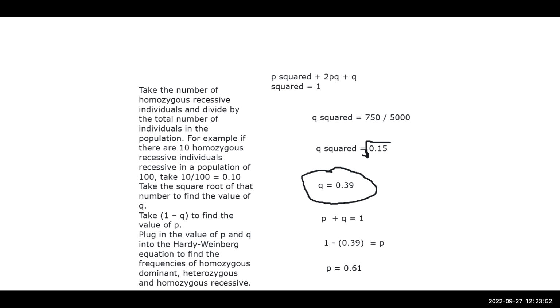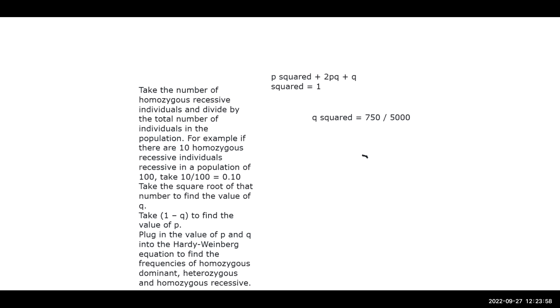All right, so let's go ahead and erase this information so that we can do step 2. So remember, step 2 involves plugging in the numerical values of P and Q into the Hardy-Weinberg equation. So the first portion of the equation, the P squared, we're going to take the value of P, which is 0.61, and we're going to square it or multiply it by itself, 0.61.